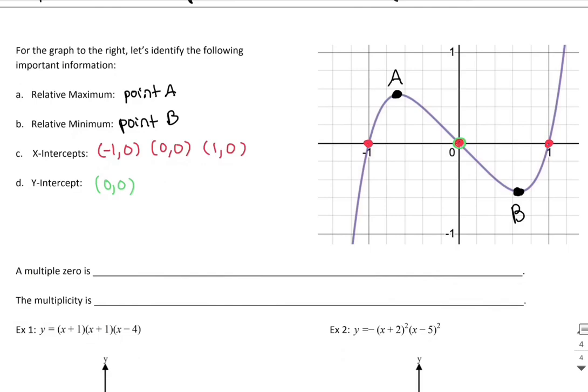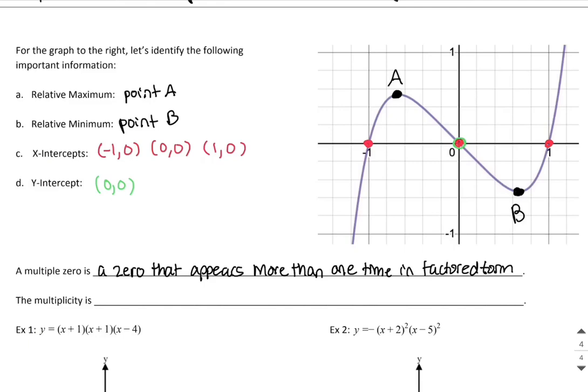polynomials of higher degrees. Another important thing to notice is when I have a multiple zero. A multiple zero in an equation in factored form is a zero that appears multiple times, more than one time, in factored form.